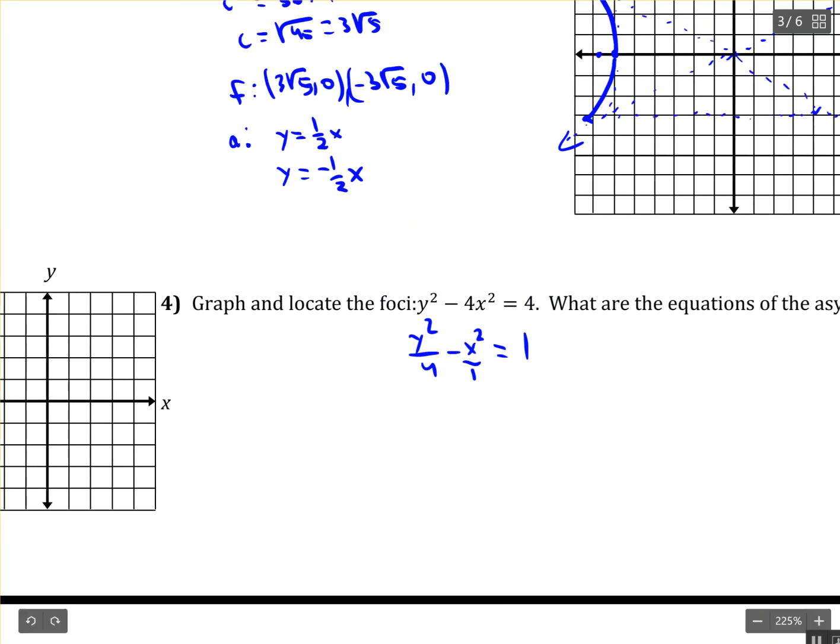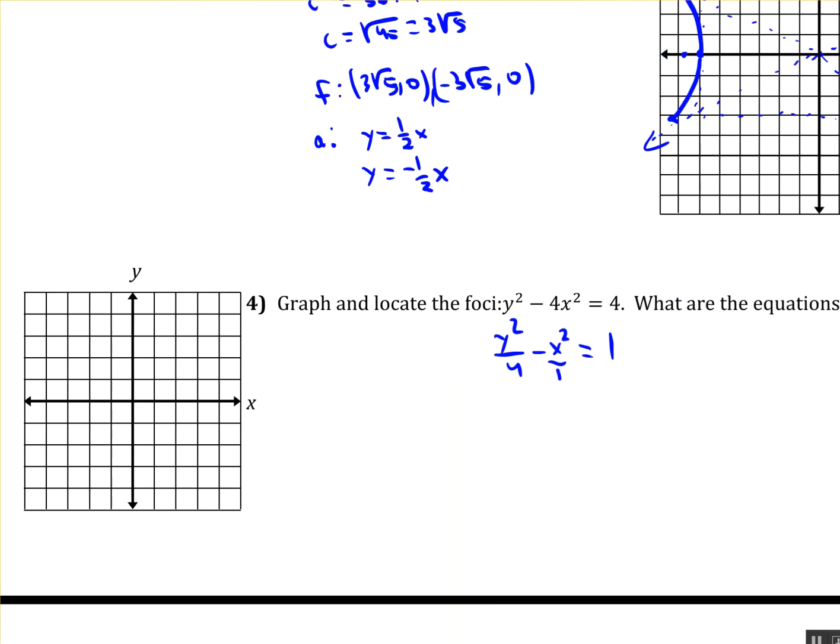So y squared, notice y is positive, so it's going to be a vertical transverse axis. So I'm going to go up and down 2, and that's going to be where my vertices are. I'm going to go left and right square root of 1, which is 1, for my box.